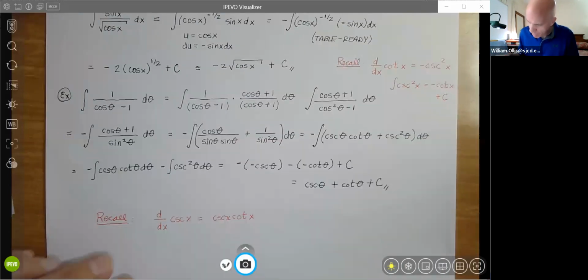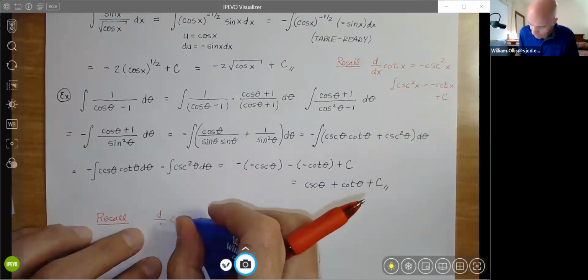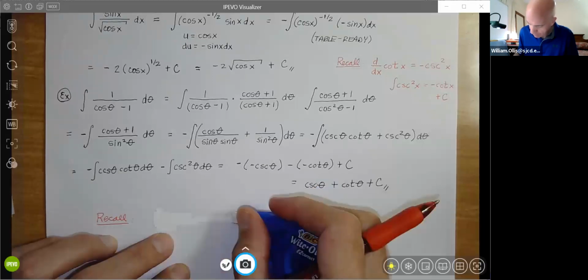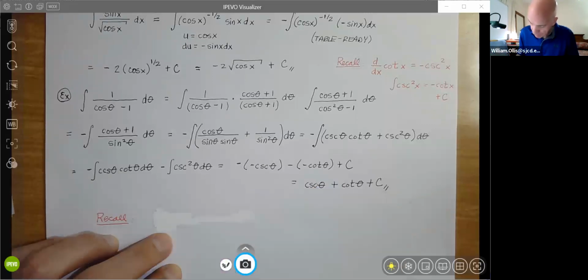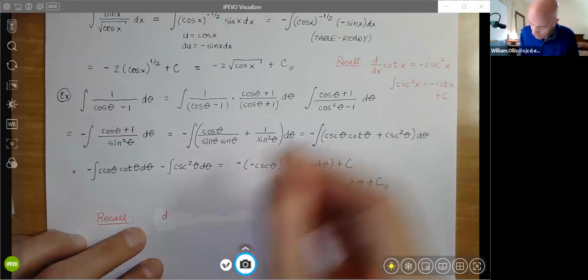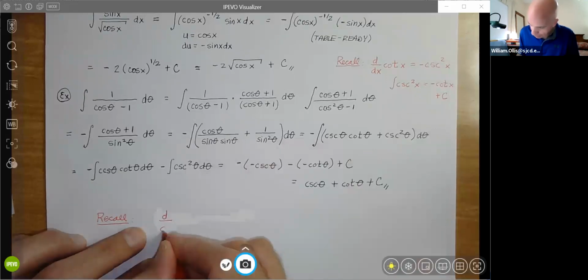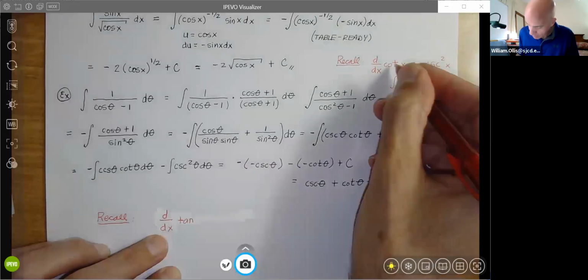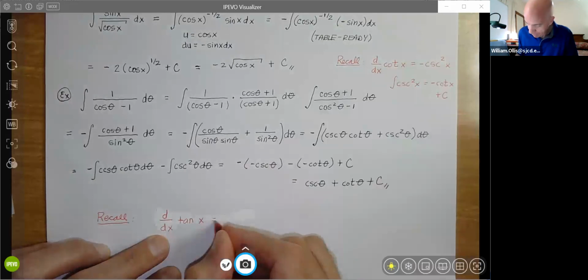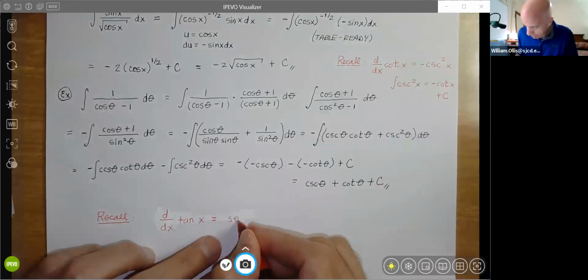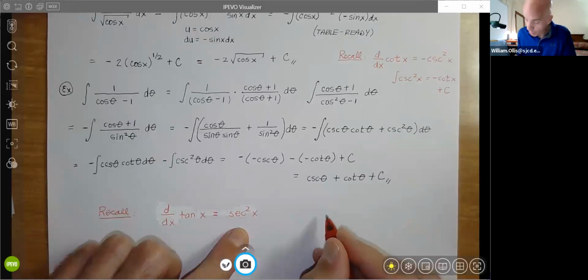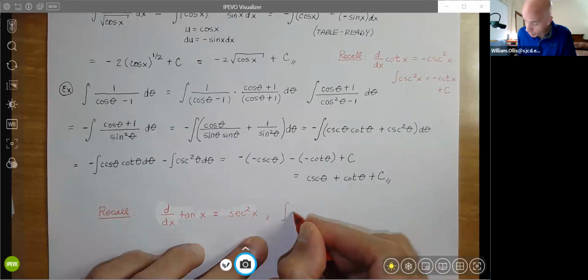Now, let me try something here. Let me write it in a correct way, actually. Let me just put the same thing I've done here, and then I'll do the other ones. Get the parallel one to this. Just as review, the derivative of a tangent is the secant squared. So this will give us this integral, which we'll use.